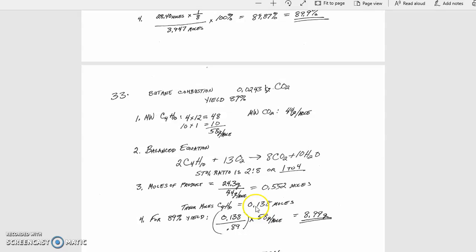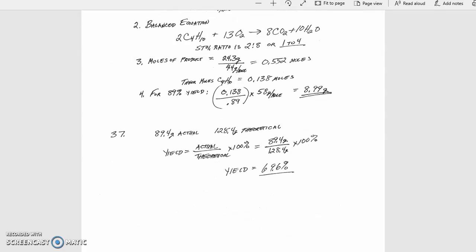This theoretical moles, this is essentially just this right here divided by 4, right? So theoretically it would be this much, but it's only this much of a yield, so you have to divide by that 0.89, what the actual yield is, okay? And that times the molecular weight of that species gives you how many grams of butane you have initially, okay? Any questions? Don't hesitate to ask.